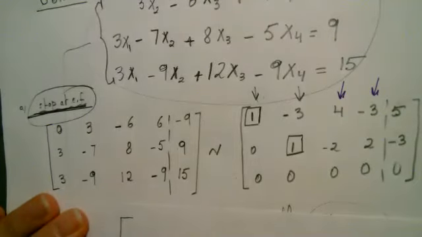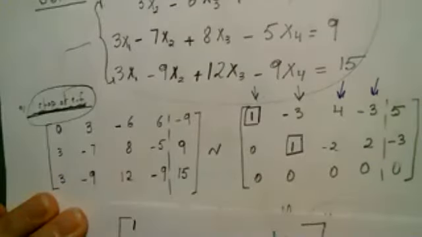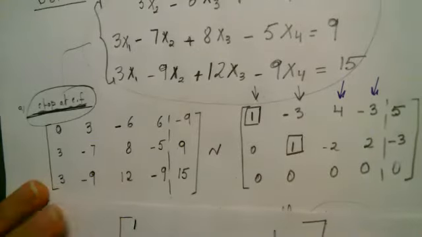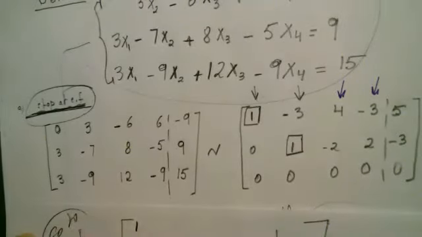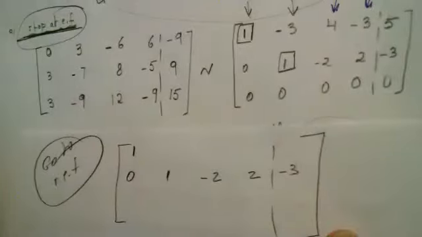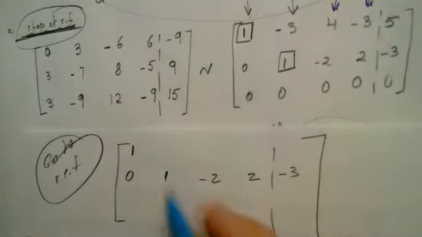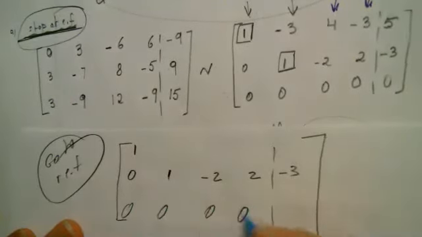So the reduced echelon form: 0, 1, minus 2, 2, and this is minus 3. Thank you very much for letting me know. The last row hasn't changed at all.